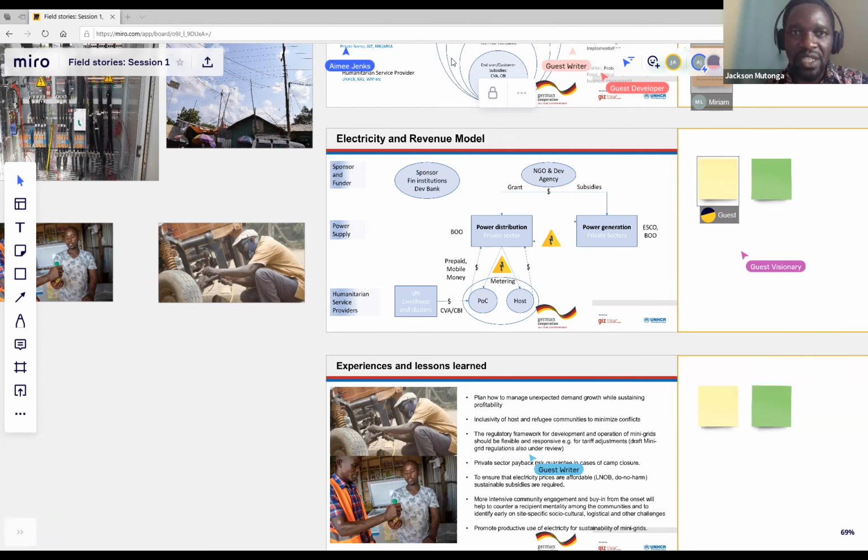You have to have the community agreement, you have to have the local county government approval, you have to have the national government approval, you have to have the engineering drawings and engineering report certified by a registered engineer. All this requires a lot of money, and that is why you saw there in the cost breakdown that I have written soft costs, which we were able to meet as GIZ.